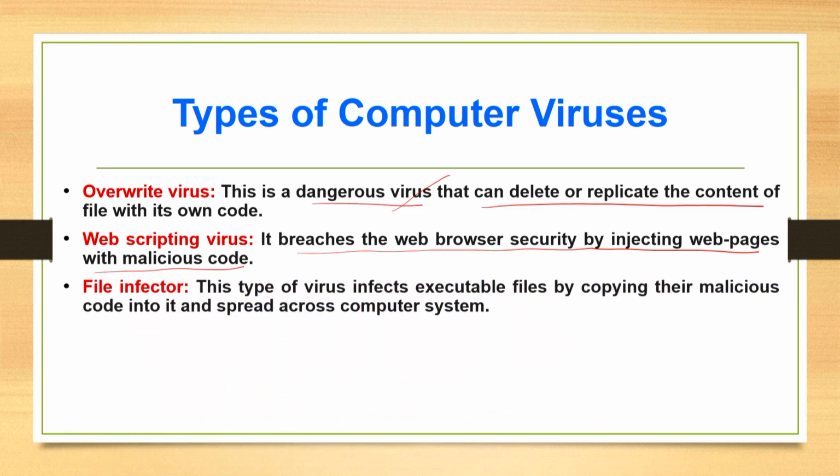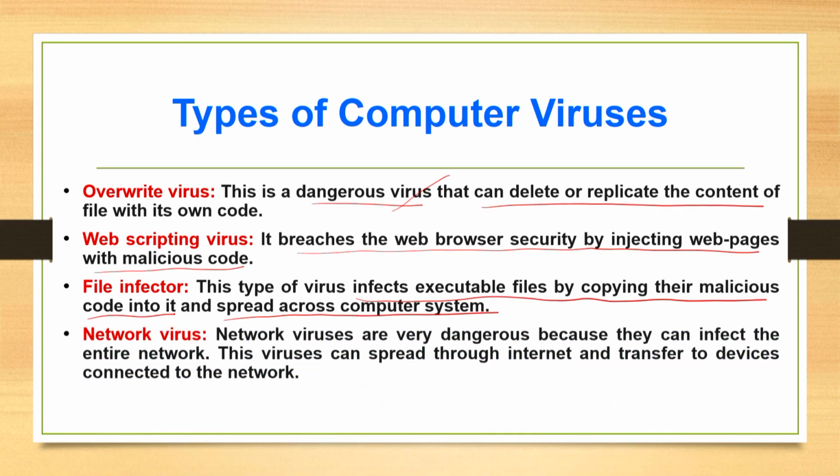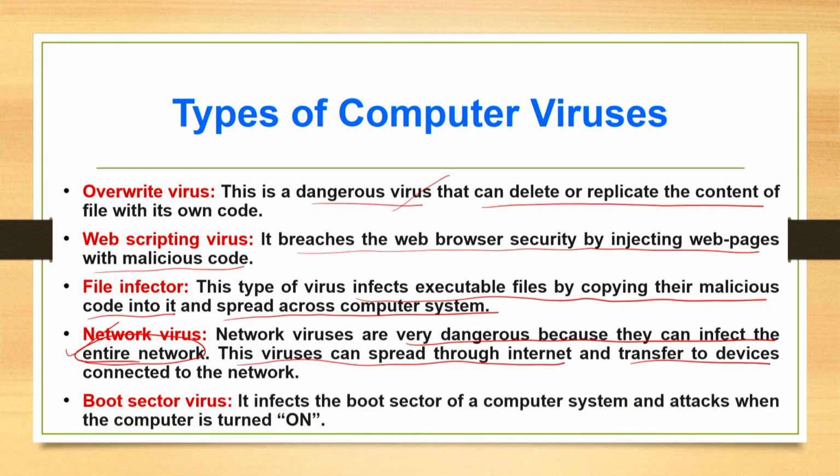File infector is a type of virus that infects executable files by copying its malicious code into them, and it is spread across the computer system. Network viruses are very dangerous because they can infect the entire network, and this virus can spread through the internet and transfer to devices connected to the network.